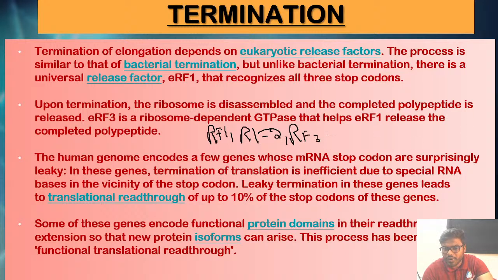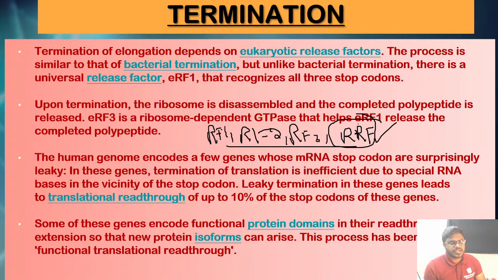RRF is also involved in prokaryotes. These four are the major factors. And we read EF-G is also present, IF3 is also present. That's true, but these four are major in case of prokaryotes.